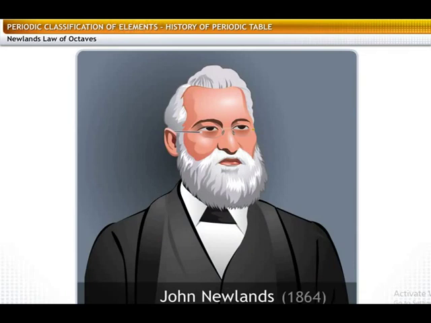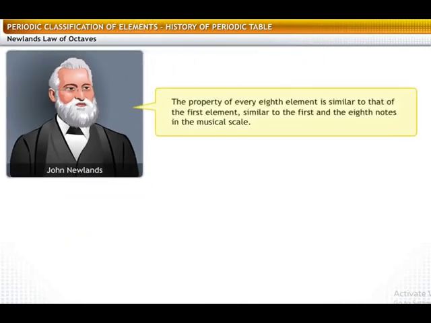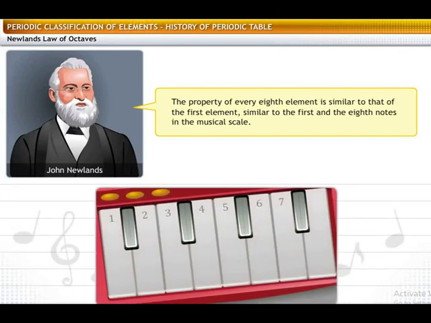The next attempt came in 1864 when an English chemist, John Newland, stated his observations in the form of Newland's law of octaves. Newland noted that when elements are arranged in increasing order of their atomic weights, the property of every 8th element is similar to that of the first element, similar to the first and the 8th notes in the musical scale.